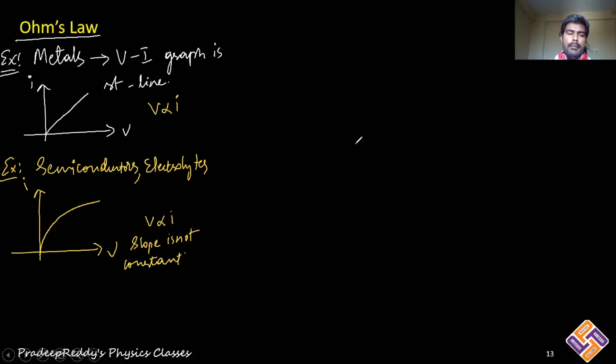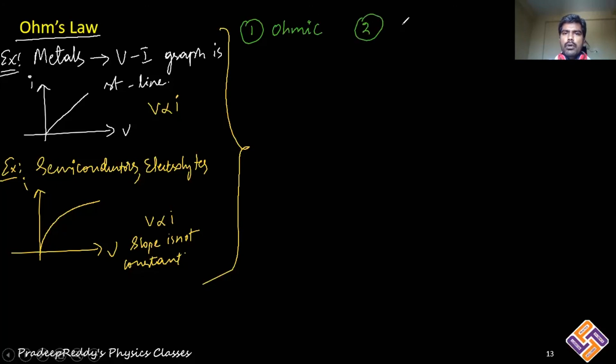So based on the VI graph obtained for different materials, we can classify materials into two different types. They are number one, ohmic, and number two, non-ohmic.